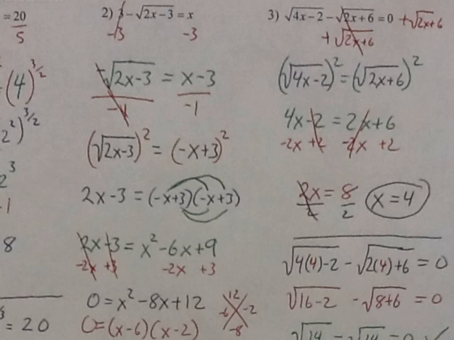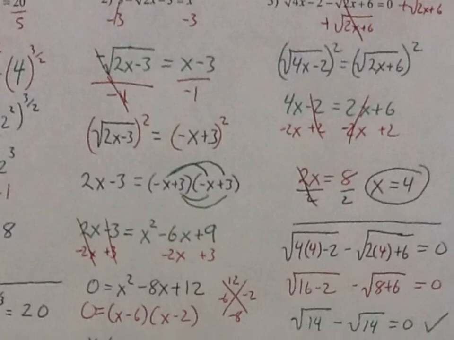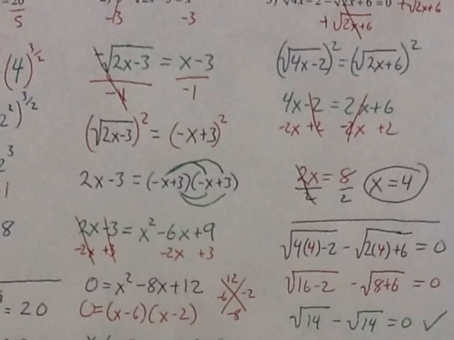As you look at that, hopefully you can see right here that this is the square root of 14, and so is this. And when you take the square root of 14 minus the square root of 14, you do get 0. So 4 actually is a solution. It's not extraneous. It does work. So please remember to check for extraneous solutions. They're really important.